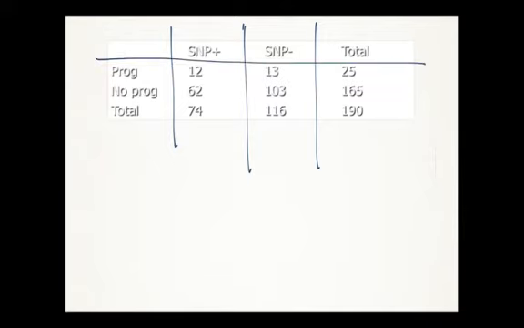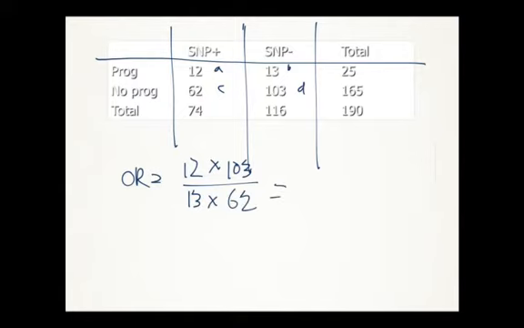Okay, so based on this table, the estimated odds ratio is going to be 12 times 103, remember, AD over BC, divided by 13 times 62, and it turns out that this is 1.53. That's our estimate of the odds ratio.